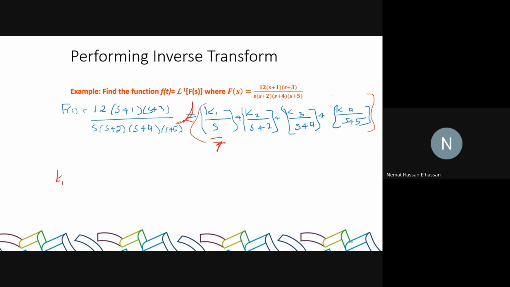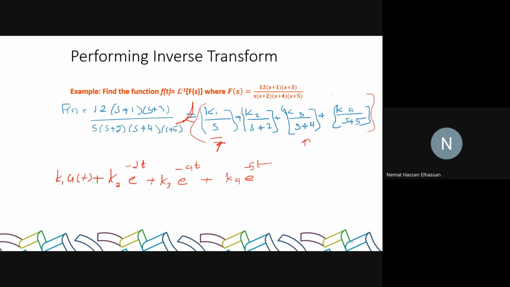K1 is a constant, so leave it as is, and the inverse of 1 over S is u of t, plus K2 is a constant, and the inverse of 1 over S plus 2 is e to the power minus 2t. The third term will be K3 times e to the power minus 4t, and the last term would be K4 times e to the power minus 5t. Makes sense?